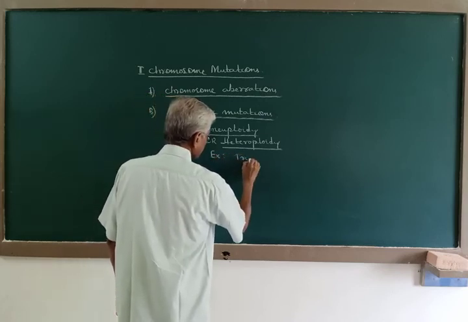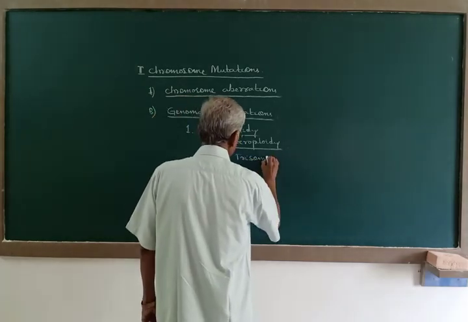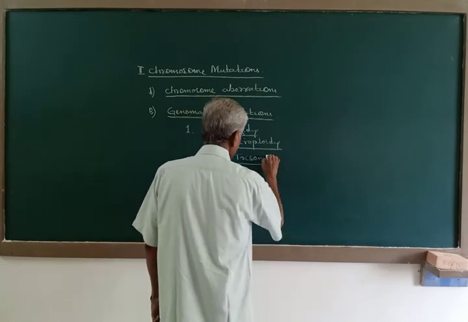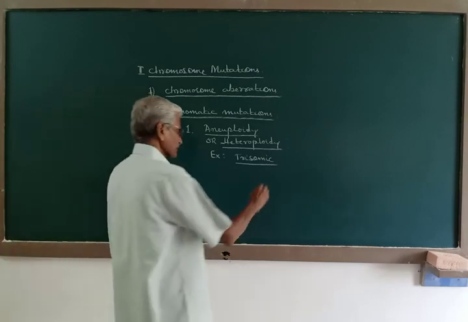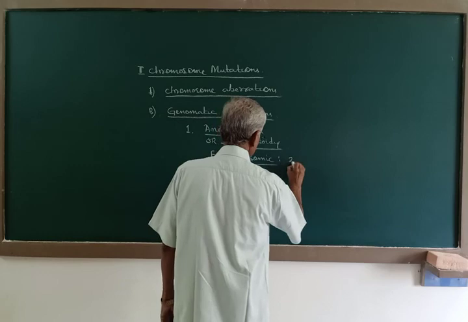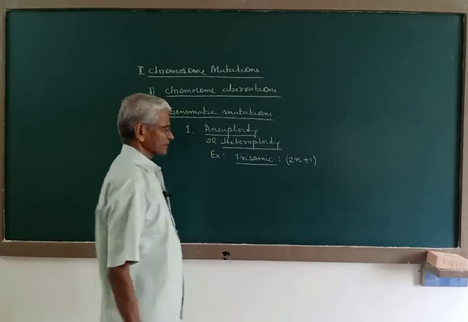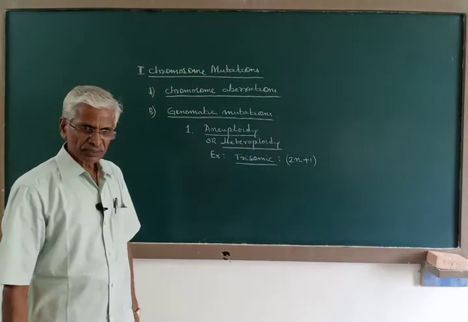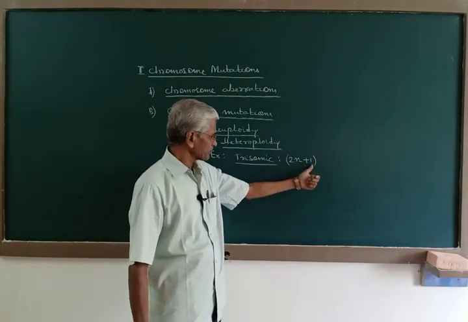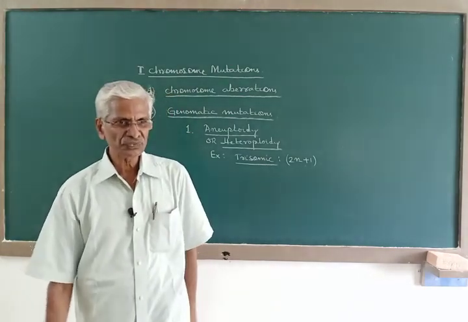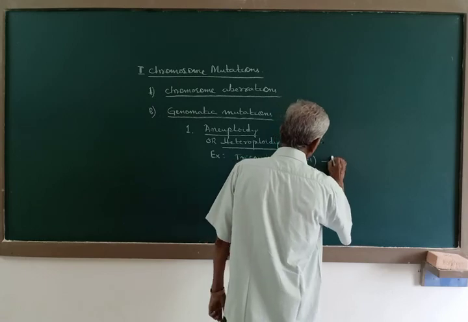One, trisomic. Now, this is the condition where there is one extra chromosome, that is 2n plus 1. So, in addition to the diploid chromosome number 2n, there is an addition of one chromosome.